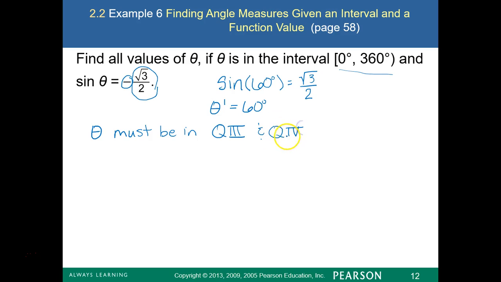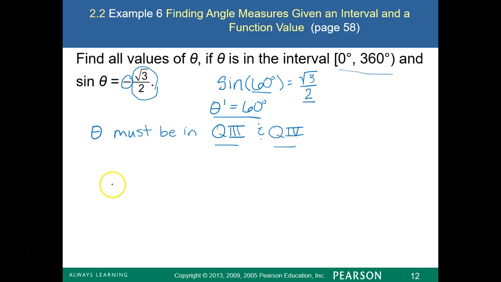Just kind of keep this here as a reminder. Now, if our angle here for sine to equal this right here, we know it's 60 degrees. That's how we come up with our reference angle. It's 60 degrees. This is how we are going to find what our angle theta is in quadrant 3 and quadrant 4.